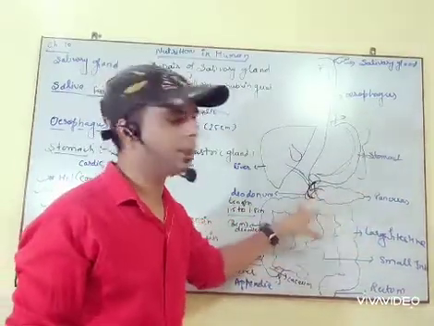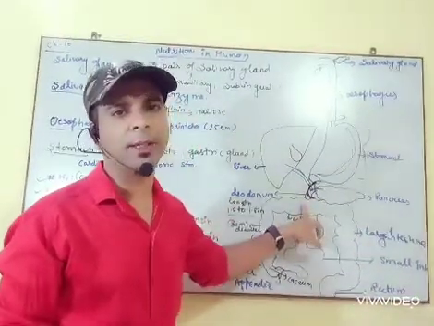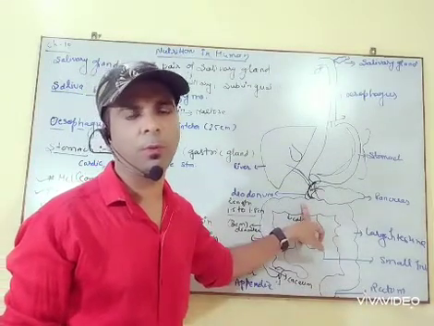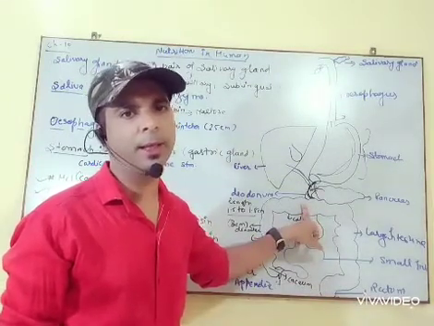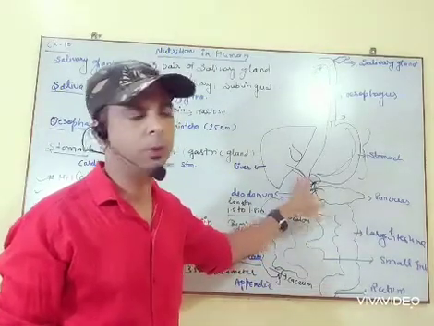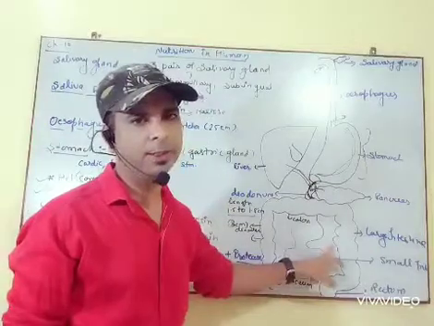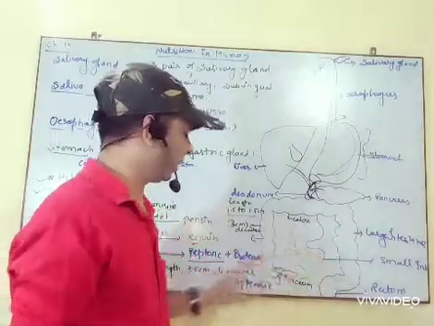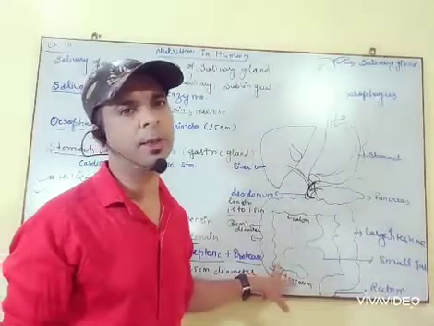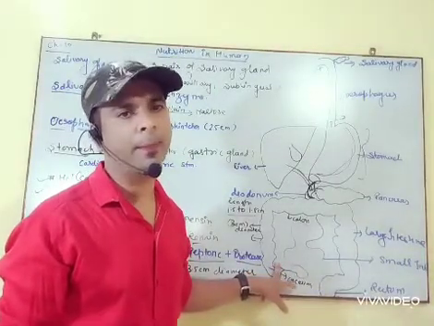Then the U-shaped structure, which is part of the small intestine, the duodenum, helps in mixing of food with the pancreatic and bile juice. Okay, next the highly coiled structure is known as the jejunum, and the last portion that joins the small intestine with the large intestine is known as the ileum.